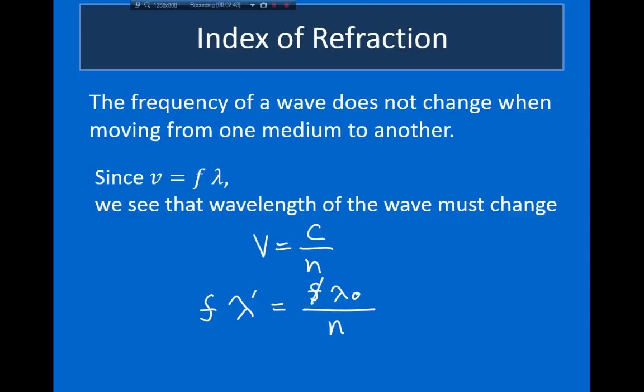And now I can cancel out these frequencies because they're going to be the same, and I see that the wavelength inside a material is equal to the wavelength in vacuum divided by the index of refraction. So the wavelength of light will always decrease when it moves from air into another material like glass or water.